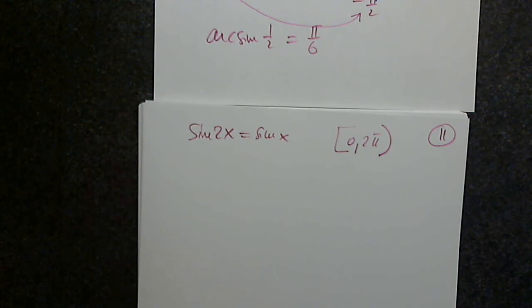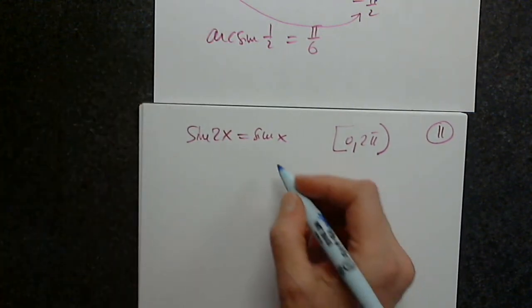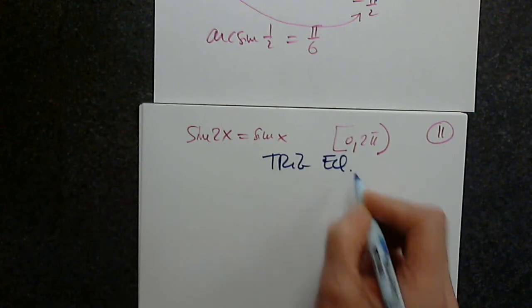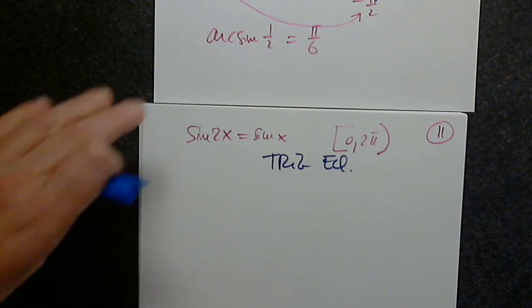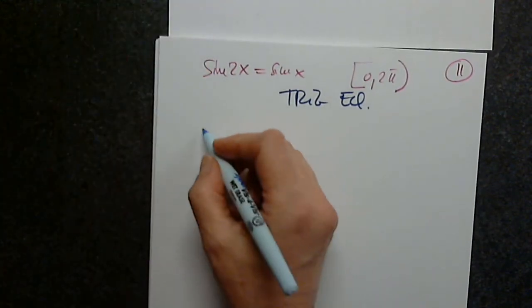Linear, quadratic, polynomial, rational, radical, absolute value, trig. Good, so it's a trig equation. Perfect. Now, next question. Anyone remembers what sine twice x represents? Beautiful. Thank you.